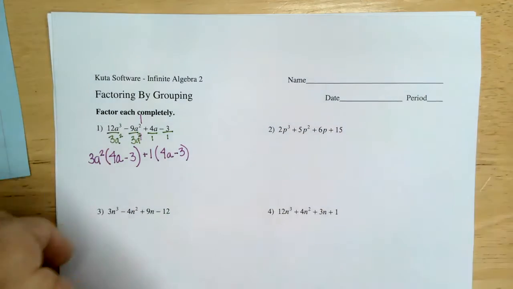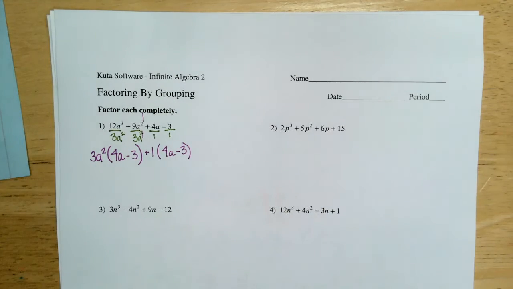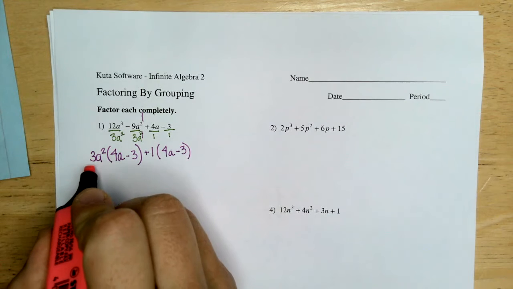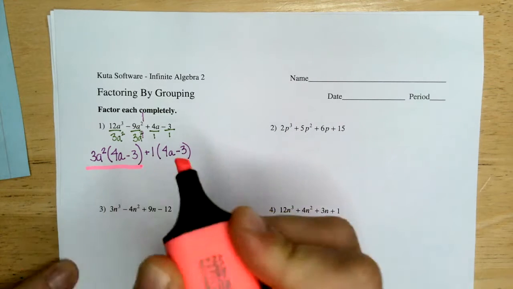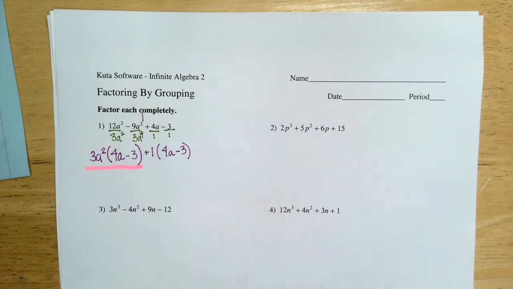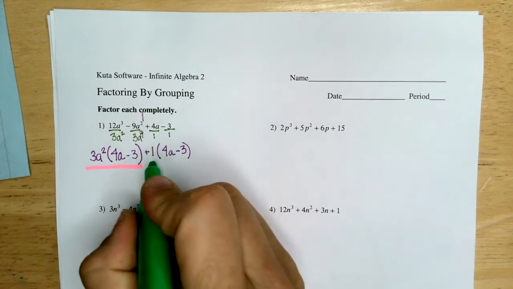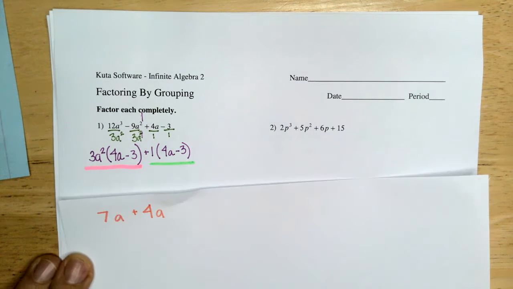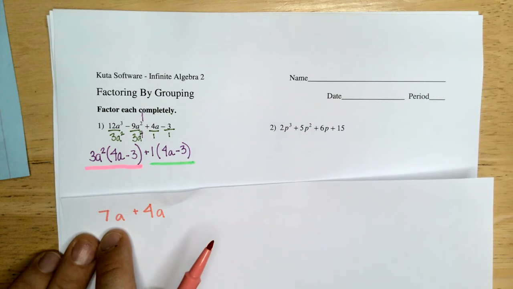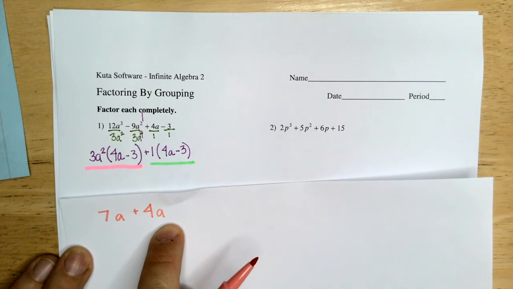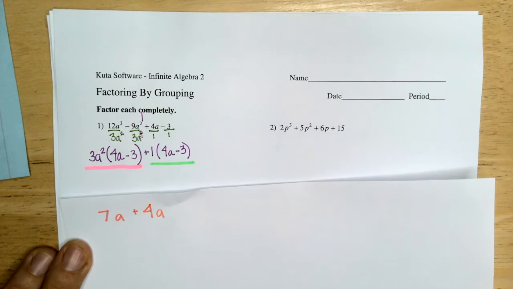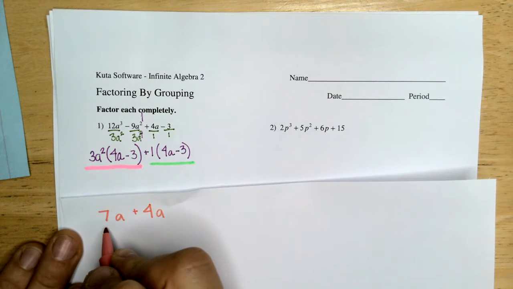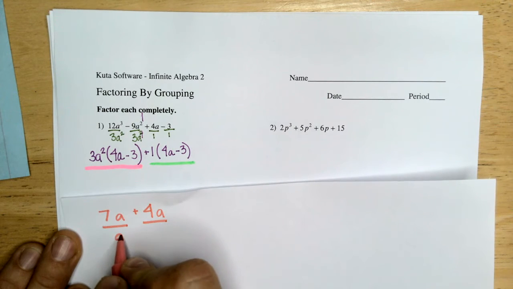What you see now, if you look at this whole thing, this is one side and this is the other side. You can even think of them as 2 terms. Let me go back a step. Here, for example, we have 7a plus 4a. What can I pull out of 7a plus 4a? I can pull out an a. I can divide them both by a.